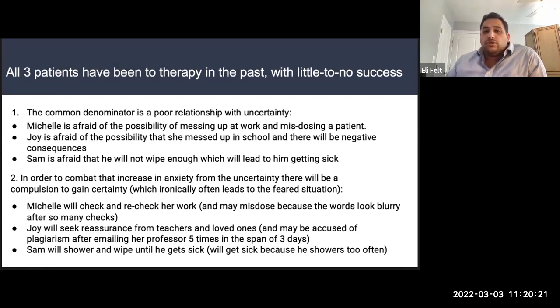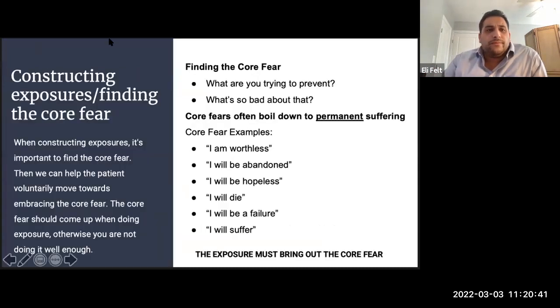Joy will seek reassurance so many times that the teachers actually think that she's plagiarizing, and Sam will shower so much and go to the bathroom so much that he actually can get sick from that. So I find it ironic, and when patients see that, that helps them be motivated to get good treatment, because even the thing I'm afraid of, I'm actually going to get this way, I've got to start doing something about it. And that can be a very helpful tool.